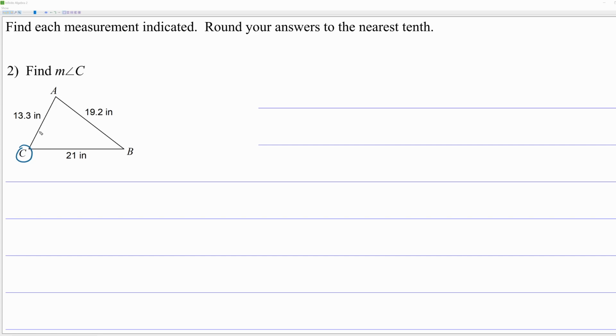And remember, the law of cosines, as we saw from the first example, is going to be based on the two sides that are close to it versus the side that's opposite.